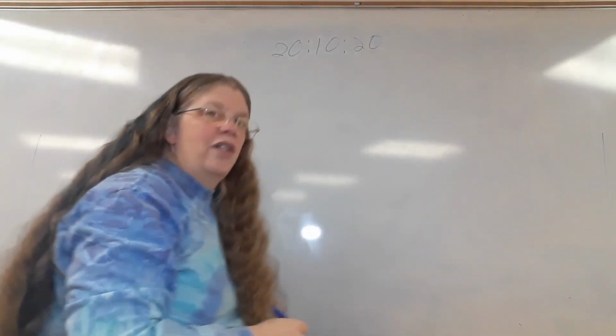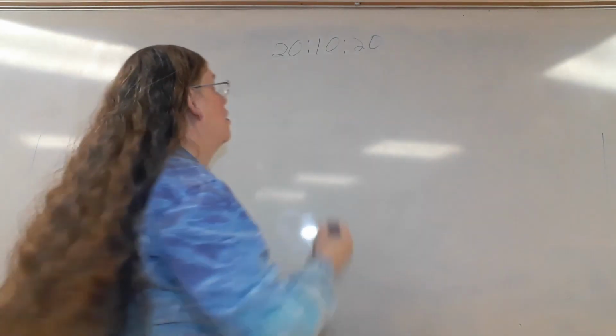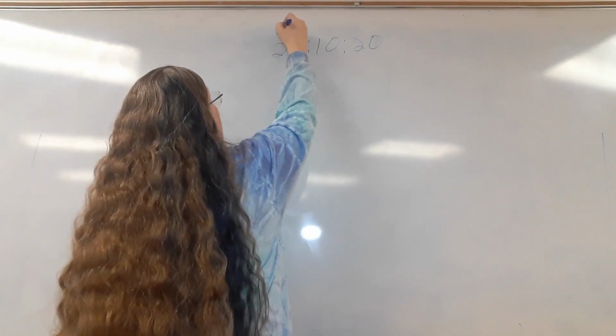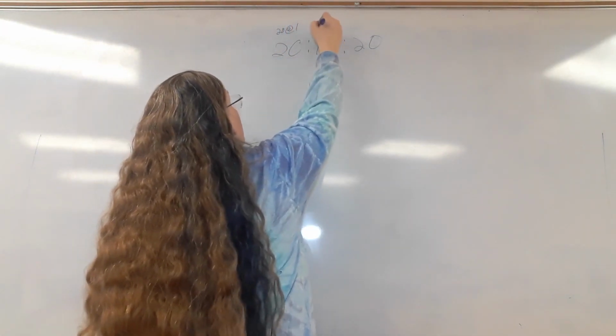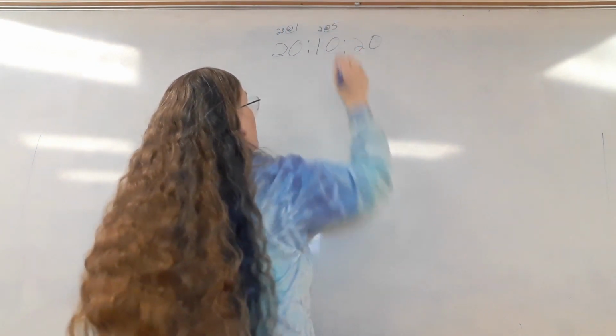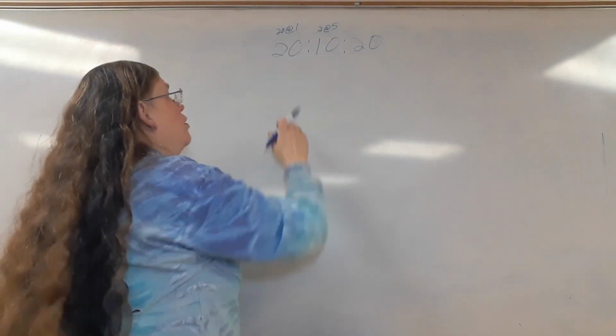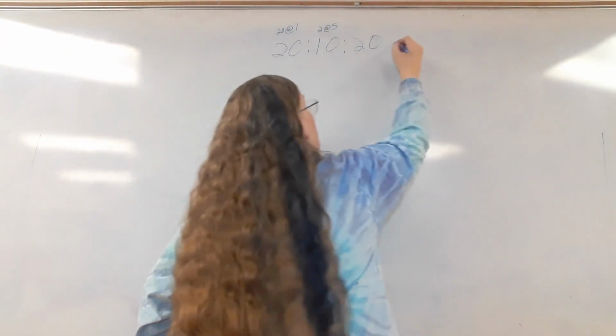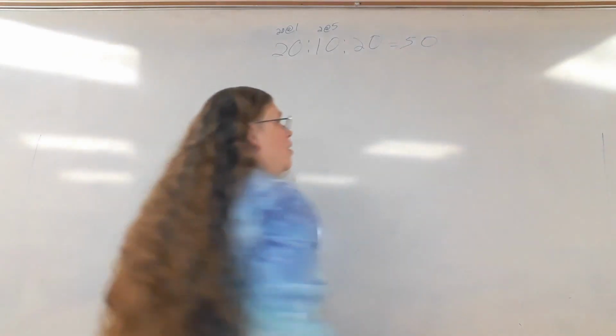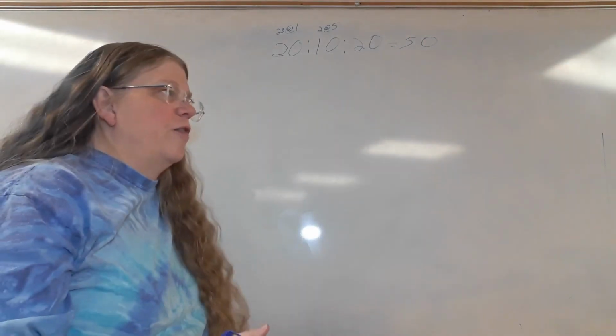All right, so let's see how much everyone gets. We're going to have 20 at 1 and 2 at 5. So what we do is we add this up. So whatever we get, we're going to be splitting by 50.